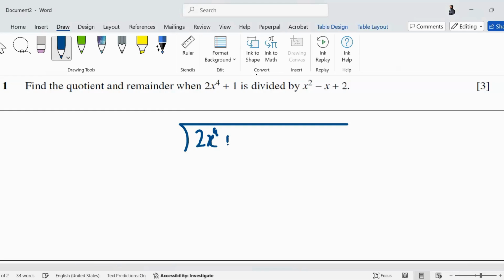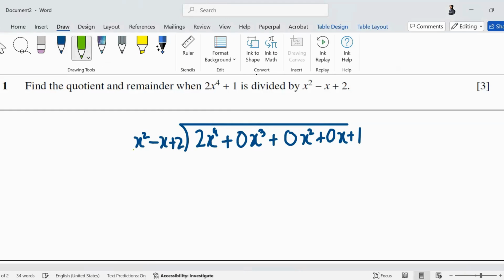Now I will write plus 0x cubed plus 0x squared plus 0x plus 1. And in this one, I don't need to add anything. X squared minus x plus 2.